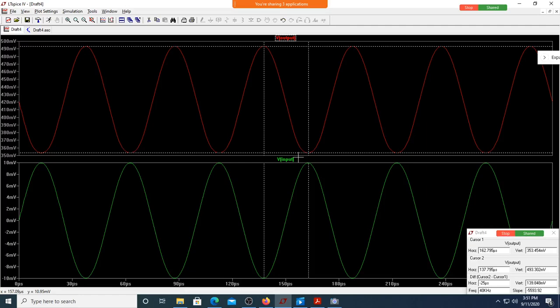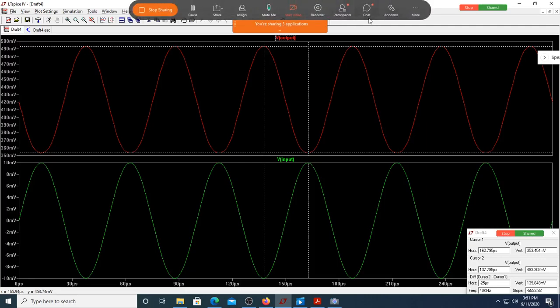This is very important for a good amplification. The entire output should be such that the MOSFET is in the saturation region. What do you mean by saturation region? VDS should be more than VD sat. In this particular case, it should always be more than 371 millivolts.